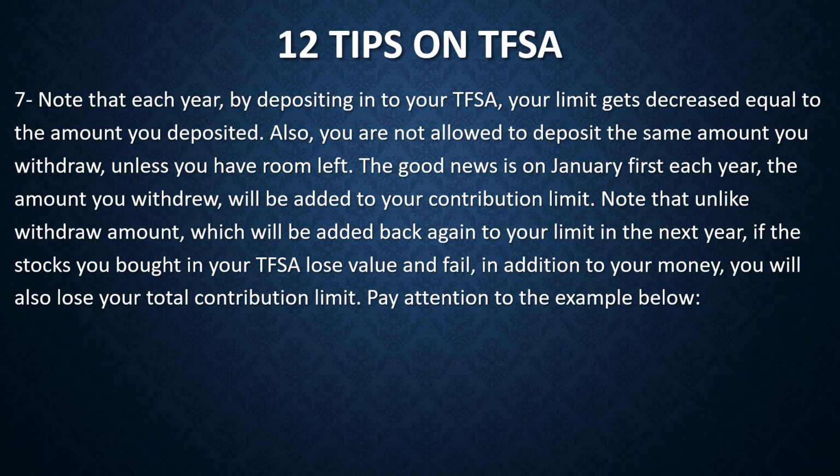So what happens is, if you sell that $6 million this year, then next year your contribution limit is going to be 6 million plus whatever the government determines for the next year. So any gain that you have will increase your contribution limit. Okay, remember that. Your gains, of course, should be realized gains, which means that you have to turn them into cash.